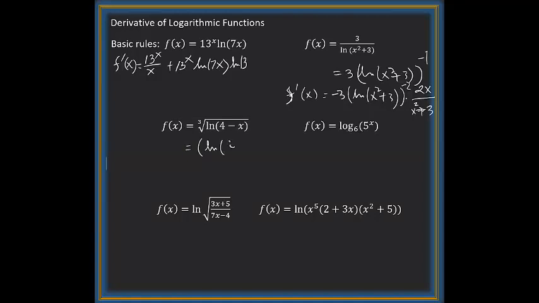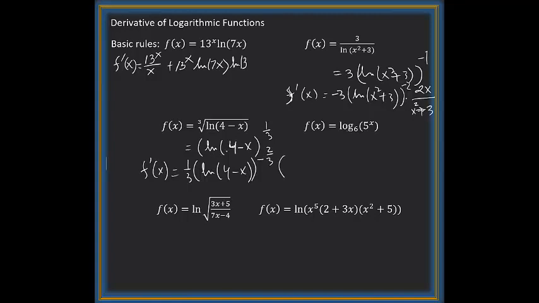So natural log of 4 minus x, everything has exponent 1/3. Now just apply the power rule and the chain rule. So f prime x, 1/3 goes in front with the power rule. Natural log of 4 minus x to the negative, you can see 1/3 minus 1 will give you negative 2/3.